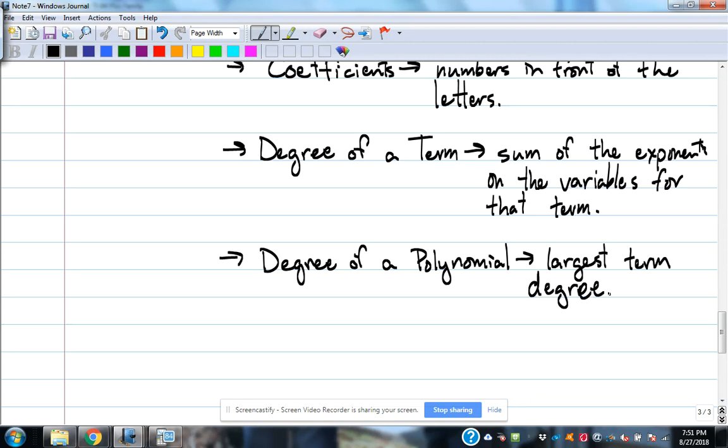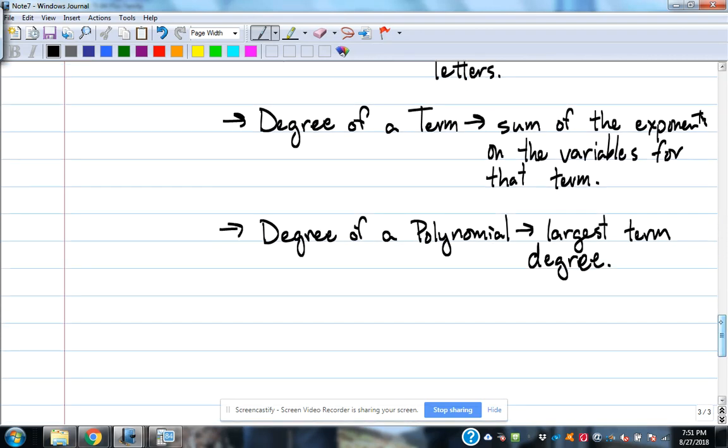We're about to do an example. It'll make sense. So we're going to find the degree of each individual term, and then when I ask for the degree of the polynomial, you just pick the biggest one. That's what you got to do. So let's look at a polynomial, and we want to state the degree of the polynomial.